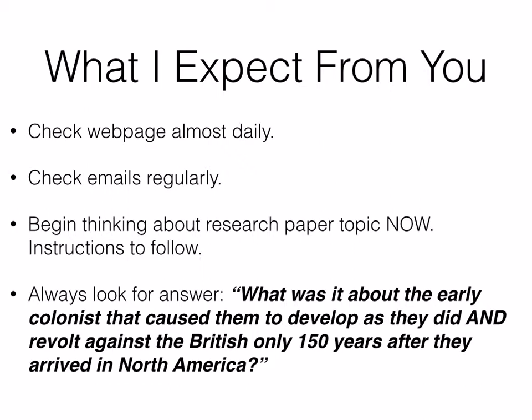What was it about the early colonists that caused them to develop as they did and revolt against the British in only 50 years after they settled in North America?